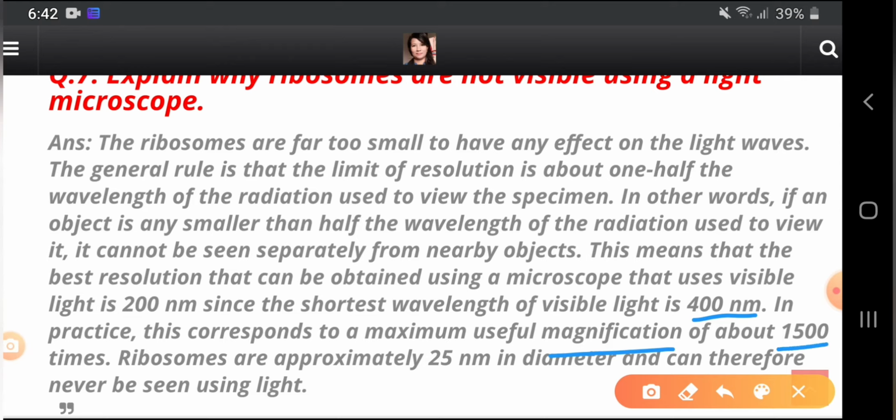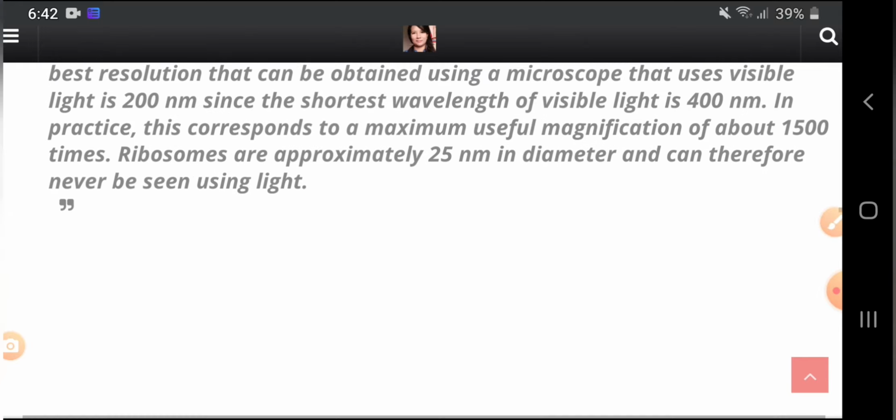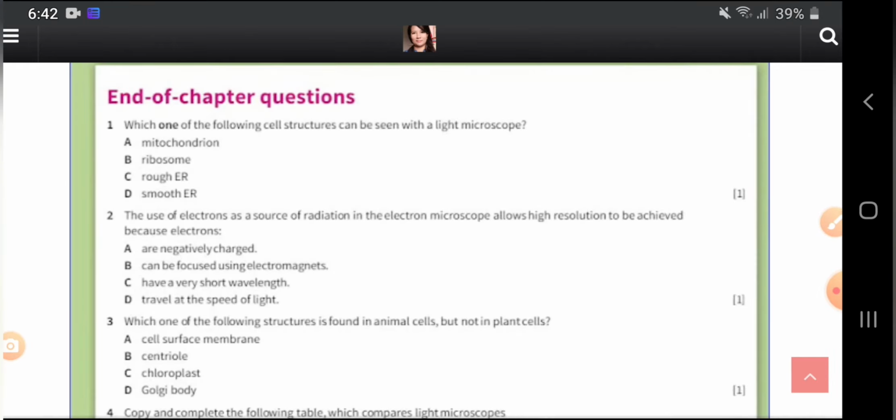Ribosomes are approximately 25 nanometers in diameter, and therefore can never be seen using light. So that is the answer, guys. It's detailed, you can make it short if you want.